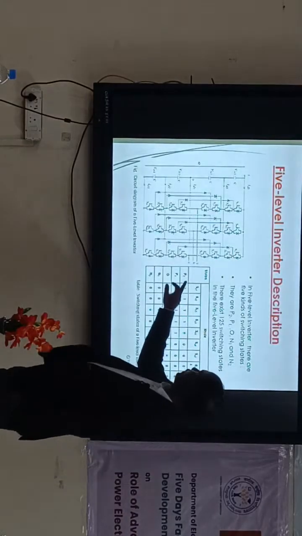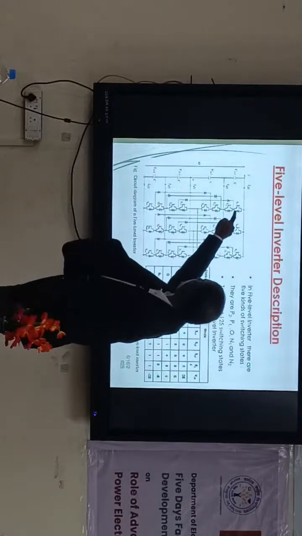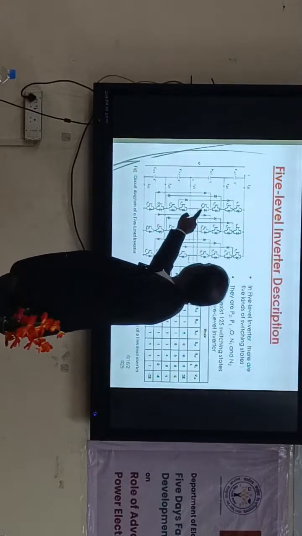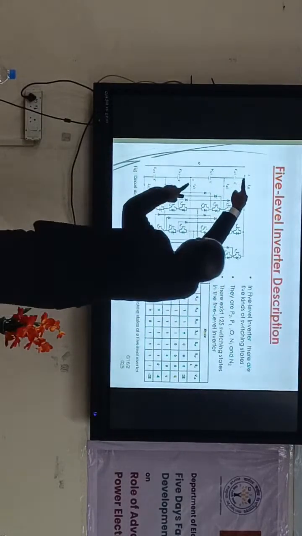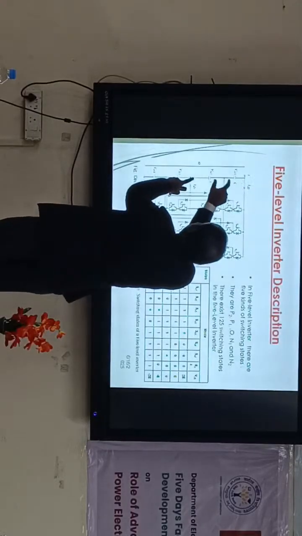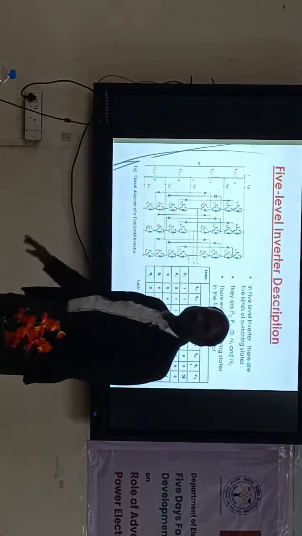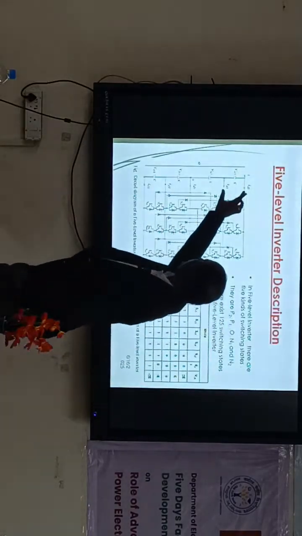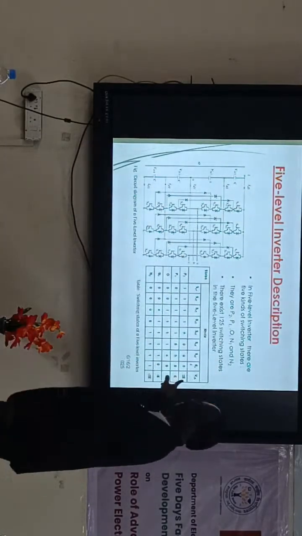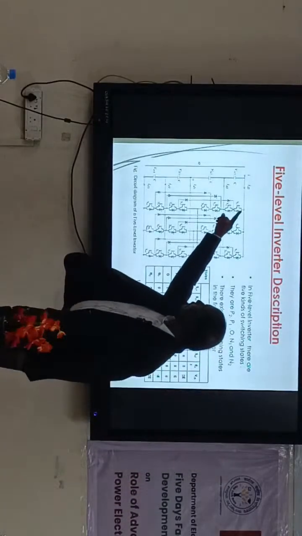So when all top are on, what's the voltage here? 1, 2, 3, 4. This is A. A is connected to here. So what's the voltage? VDC. I am taking 4 times E. If I take E, each one will become VDC by 4. So here E plus E plus E plus E, that is nothing but 2E. Only this one is off.